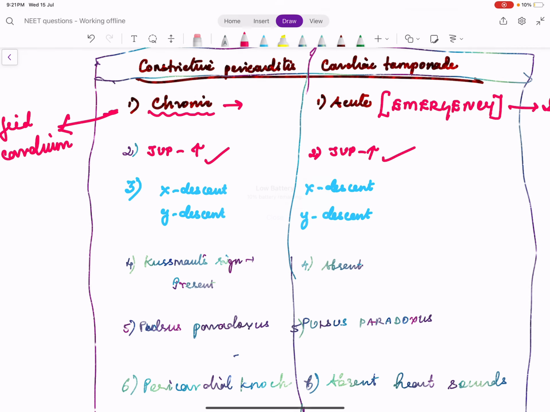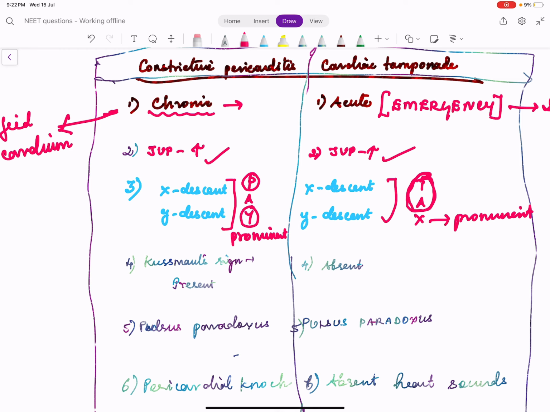I am not going to discuss the pathogenesis of how the waves form, but just remember a mnemonic here, PYTAX. In constrictive pericarditis, Y descent and X descent both are prominent. In tamponade, take the TA together.